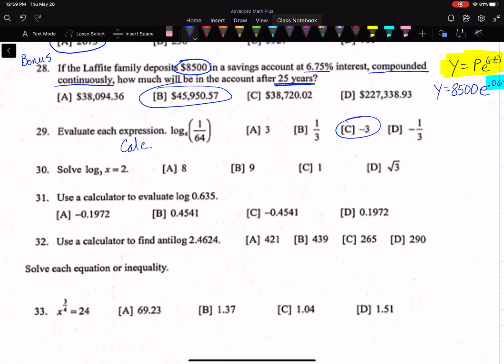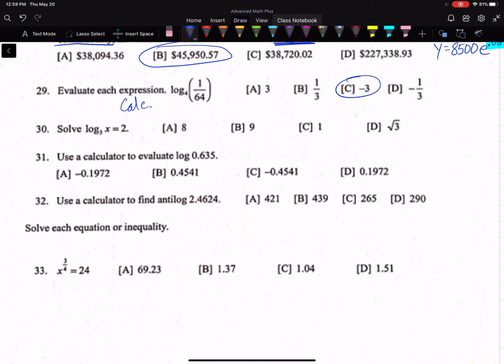All right. Easy enough. 30 is also a little easy, but we do have to think a little bit. I need to change this to an exponent form. So what's my base? 3. The exponent is the answer on a log form. So it's 3 squared equals x. Well, what does 3 squared equal? 9. So x equals 9. Easy enough.